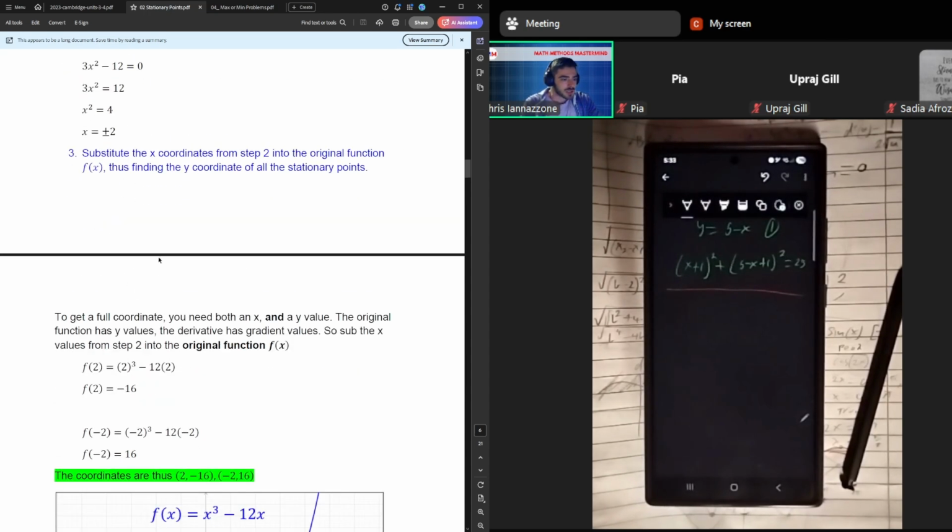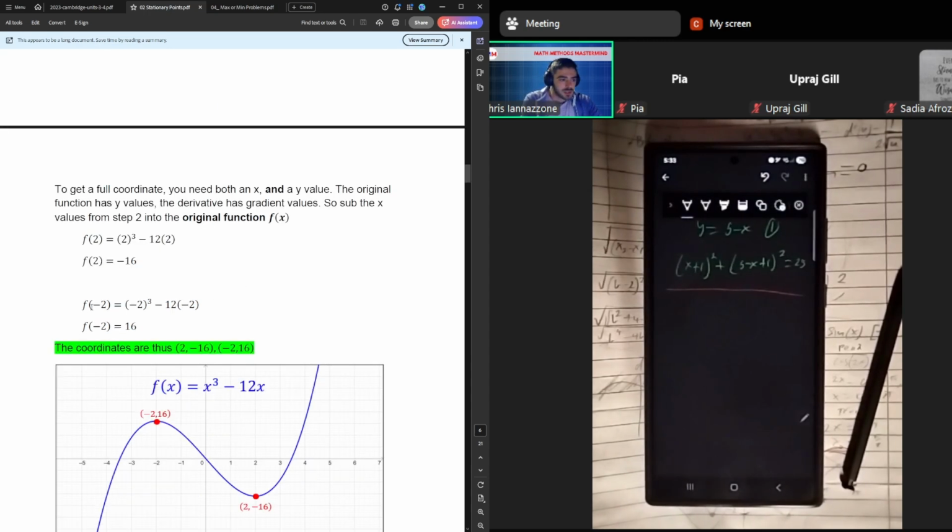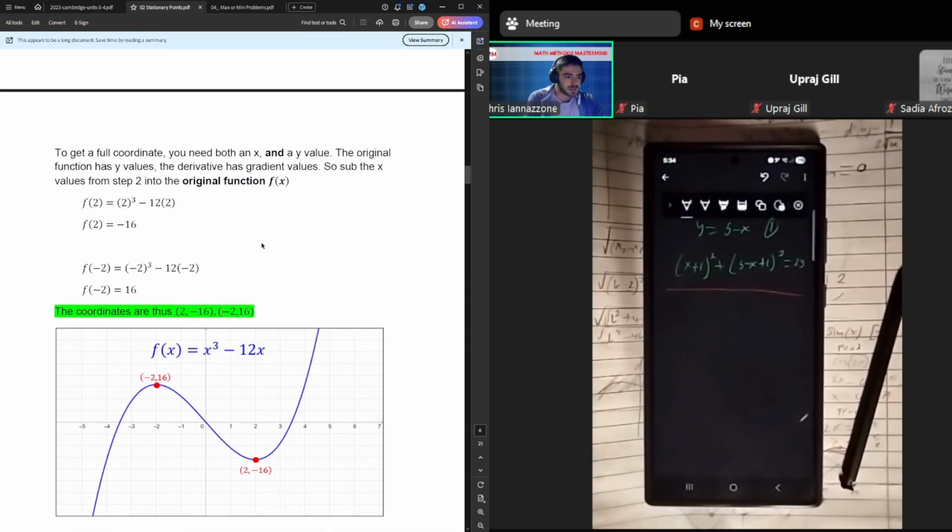So we've got two x coordinates to work with, but we want to have the full coordinate at that spot. So we're going to sub both of these into f of x to obtain the y values. So starting with x is positive 2, you sub it into f of x, that's going to give you y equals negative 16. If you were to do the negative 2 variant, you would get the positive 16.